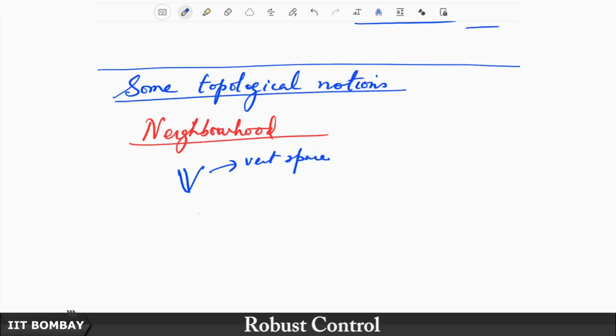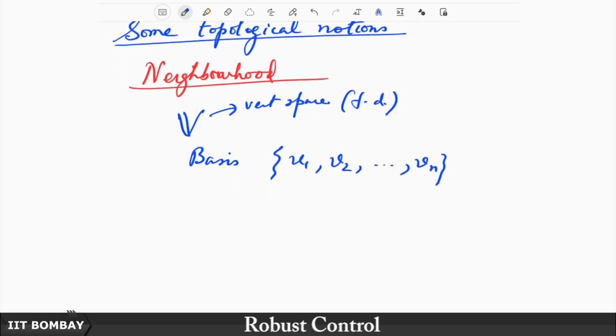So, we have a vector space, and suppose we have a basis for this vector space. Let us say that basis is V1, V2, up to Vn. So, naturally then this is a finite dimensional vector space, right. It is an FDVS, finite dimensional vector space, if you like. So, first thing we define is a unit ball in this vector space, okay.